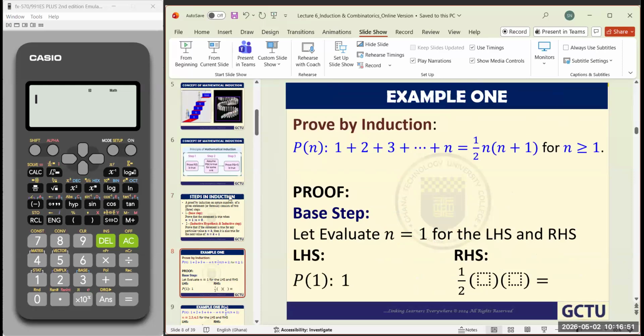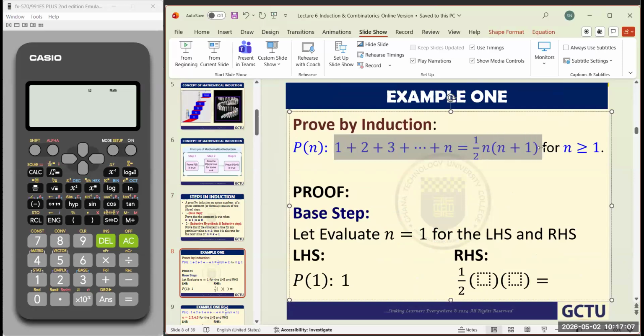So this is how the questions are like. If you look at the past questions online, the first question that was given in induction was this one: 1 plus 2 plus 3 up to plus n, if it is equal to the formula on the right, half times n plus 1 for all n greater than or equal to 1.